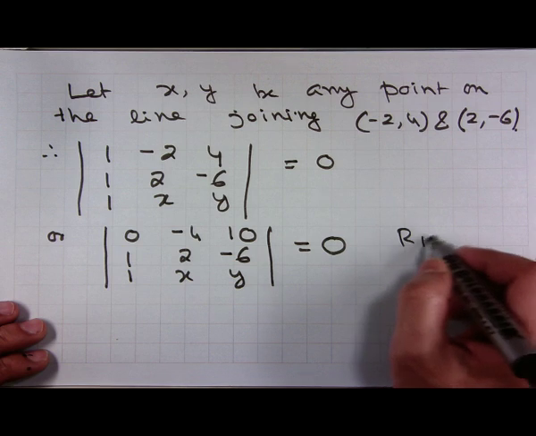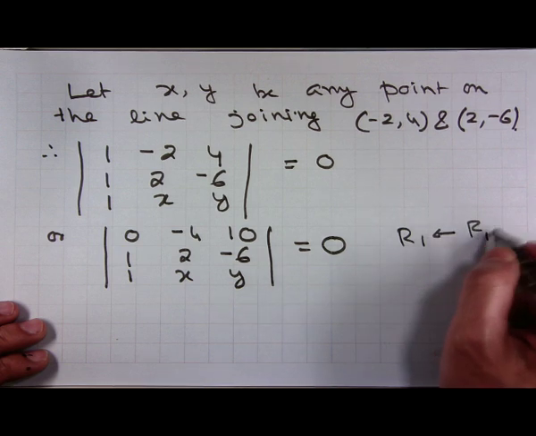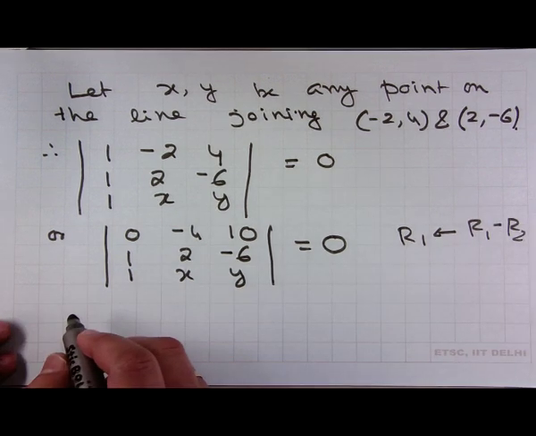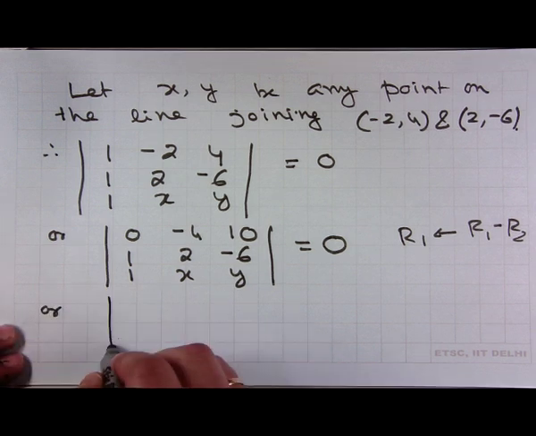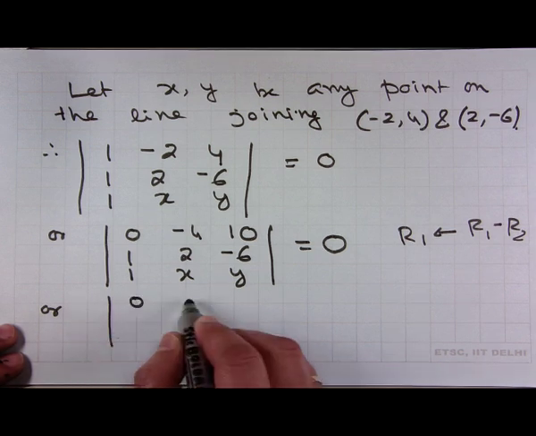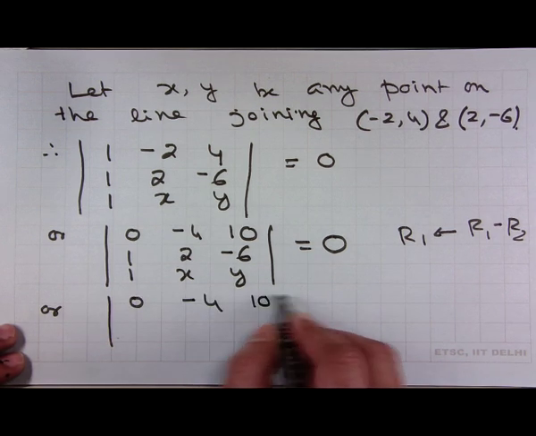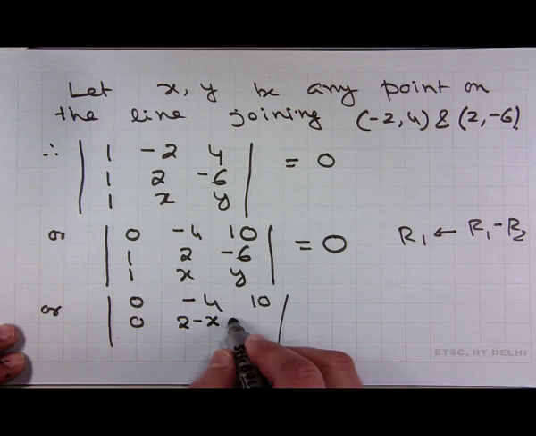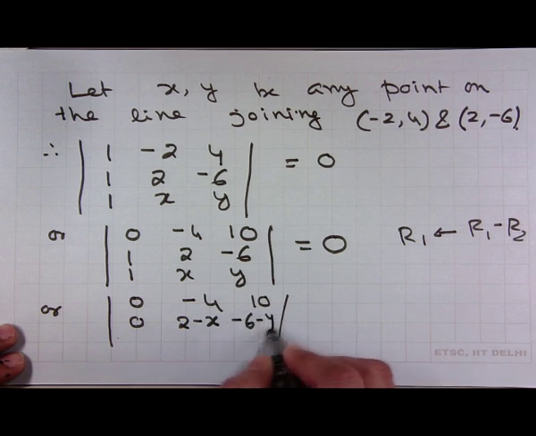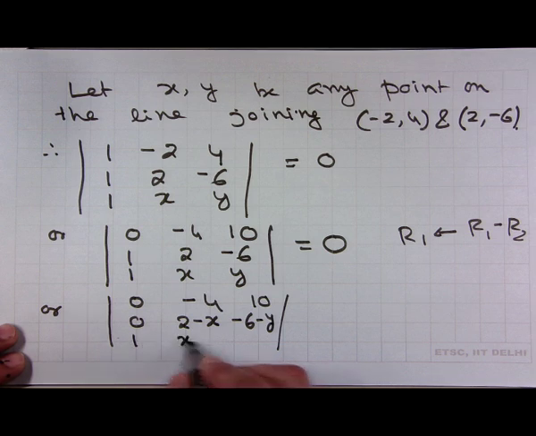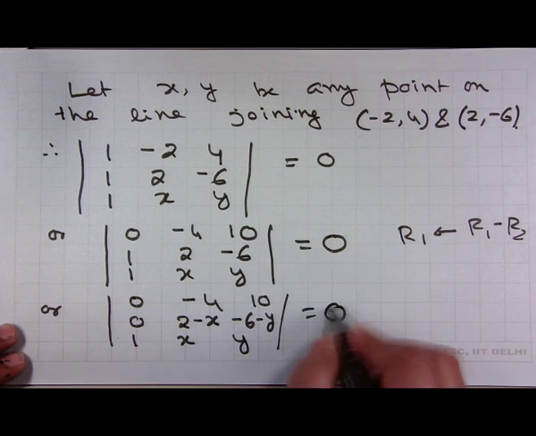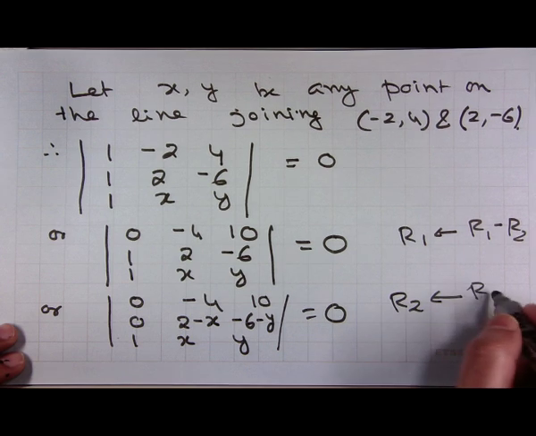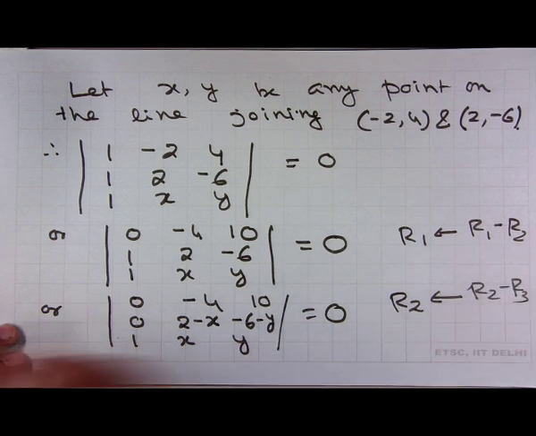By making R1 replaced by R1 minus R2, we get [0 -4 10; 1 2 -6; 1 x y], and by replacing R2 with R2 minus R3, the determinant of [0 -4 10; 0 2-x -6-y; 1 x y] is equal to 0.